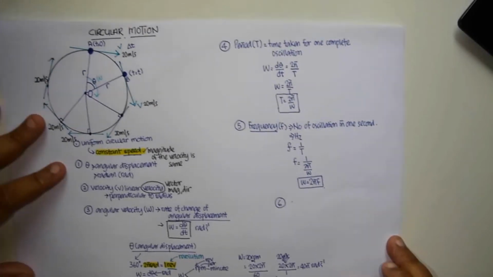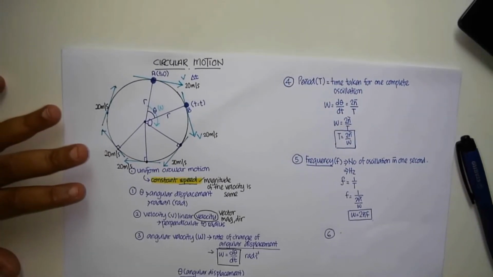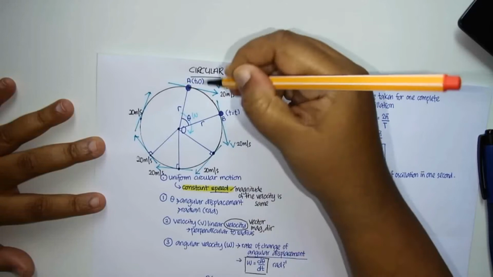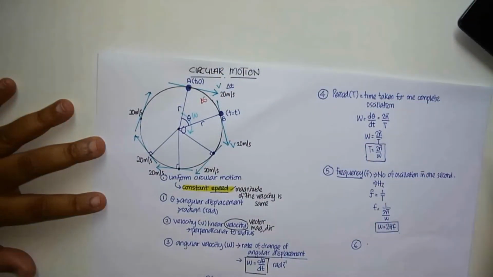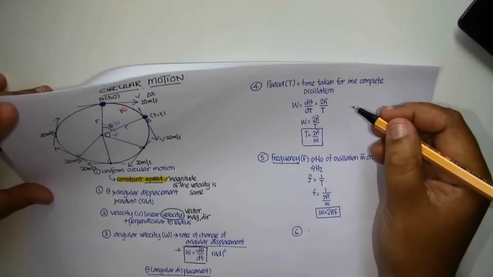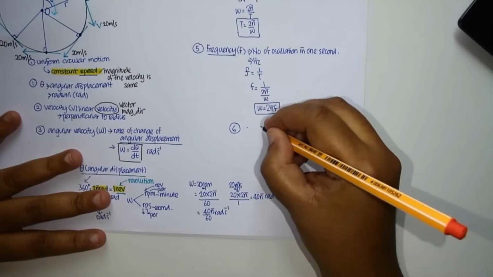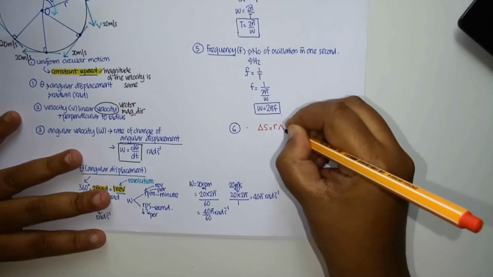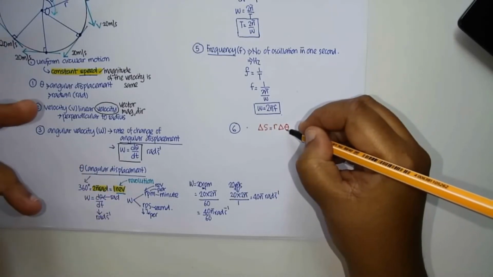If the length of the arc AB, from here to here, is delta S, then we know that delta S is equal to R delta theta, because S is changing, theta is changing, correct or not?